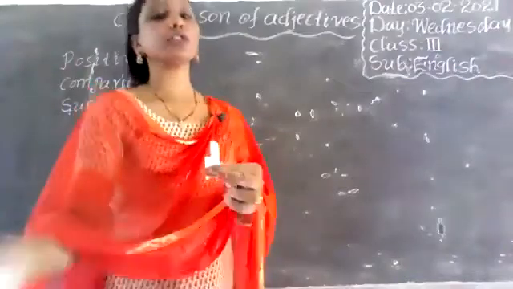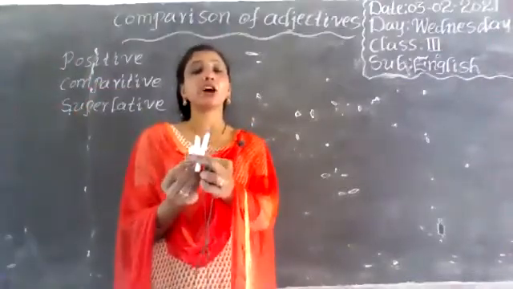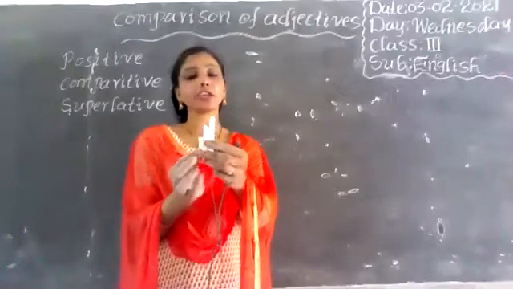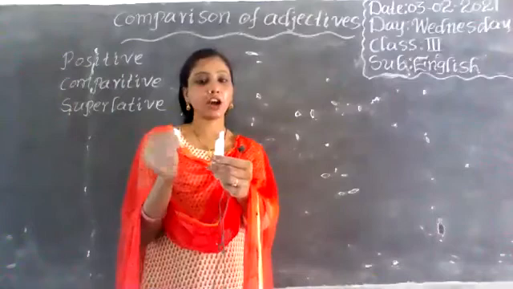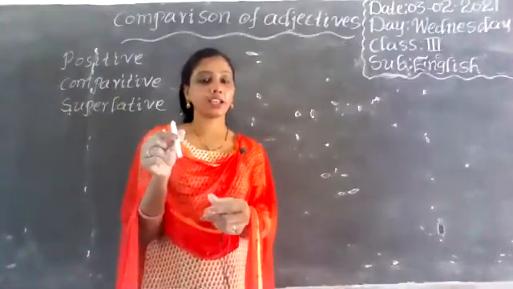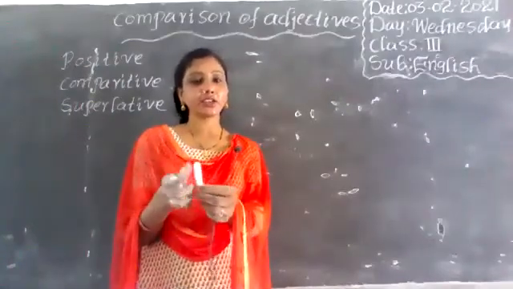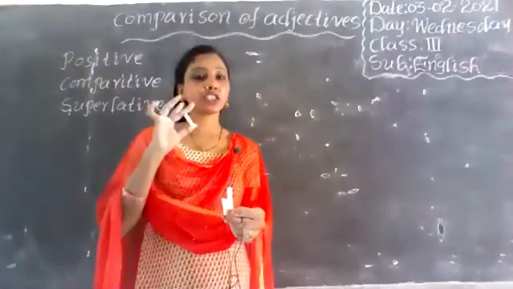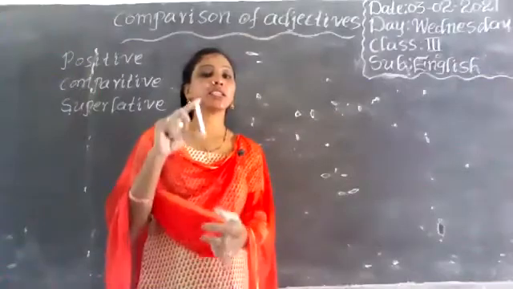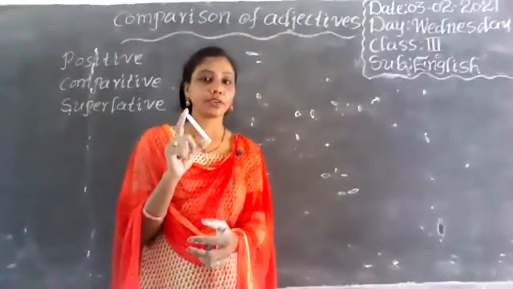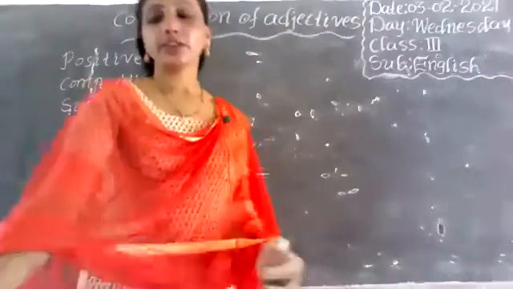I have one more chalk piece with me, which is the longest of all. Comparing these three, which is the longest? This is longest. This is long, longer, longest. Did you understand? So long is positive degree, longer is comparative degree, longest is the superlative degree.